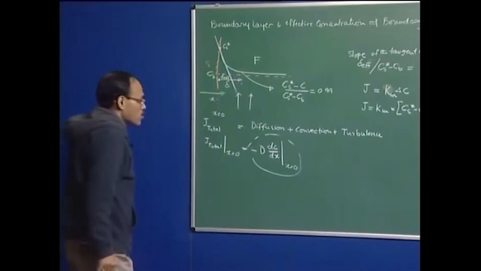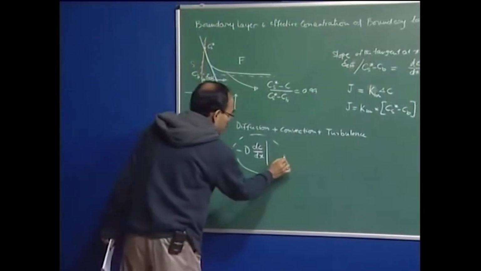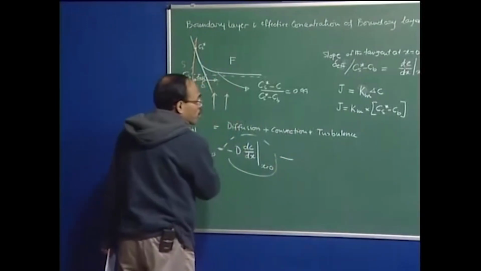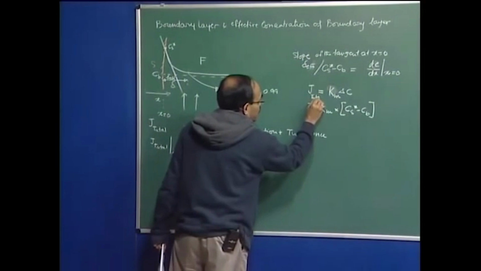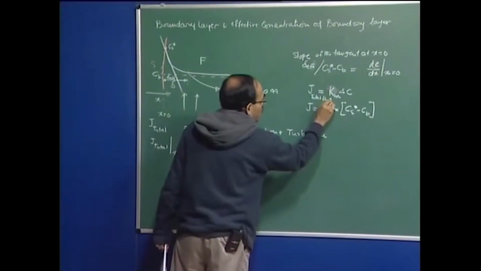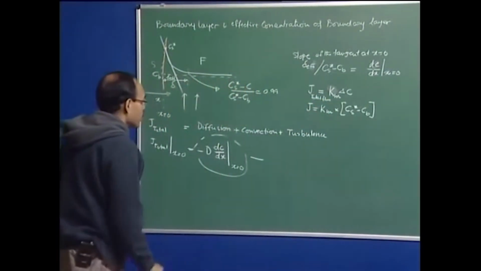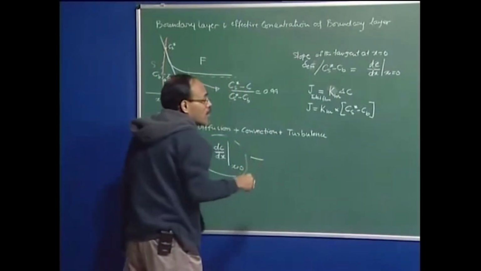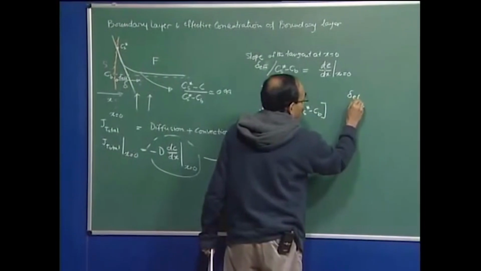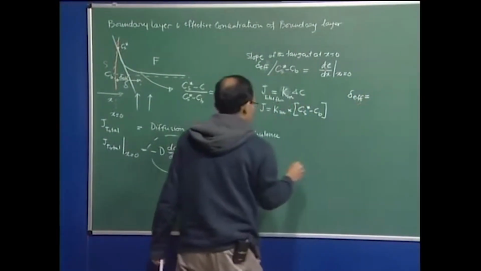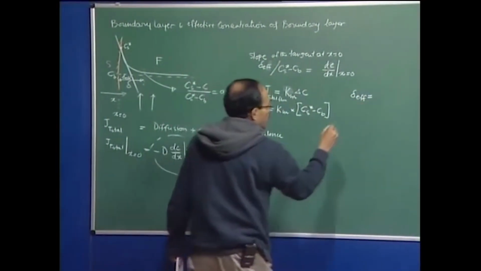So, therefore, if I can manipulate this equation, total flux, and this is also the total flux, which is mass transport coefficient into the concentration gradient. So, if I manipulate these two, then I can show that the delta effective comes out to be D divided by the mass transport coefficient.